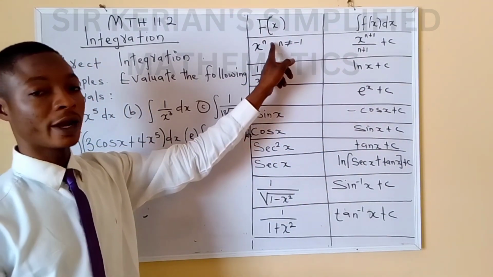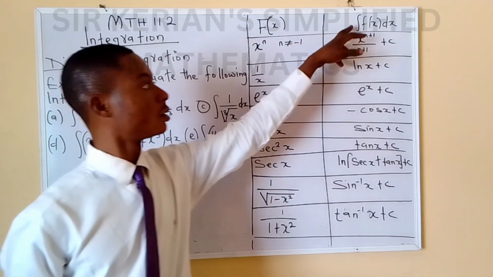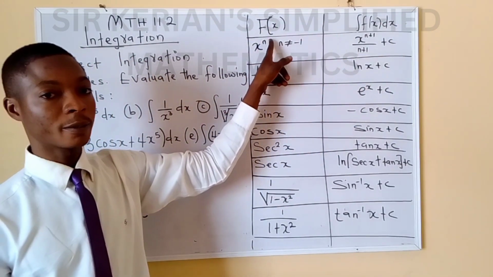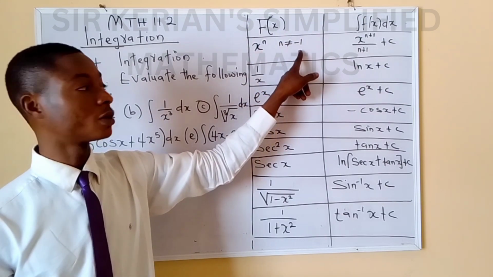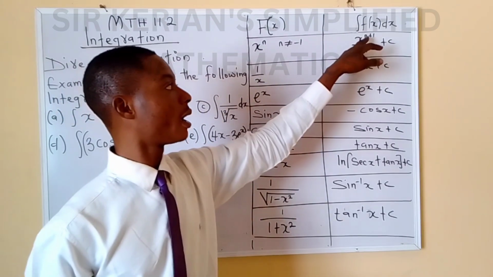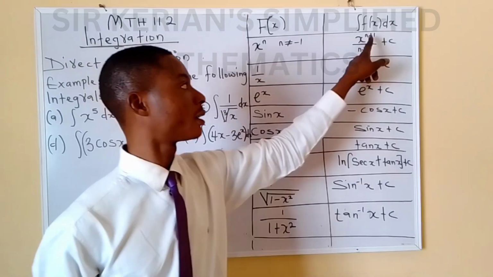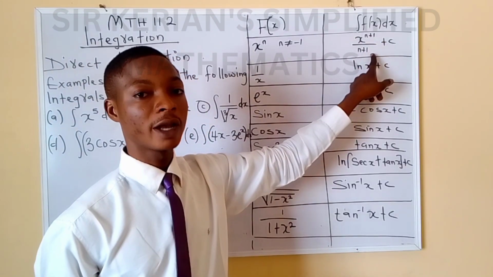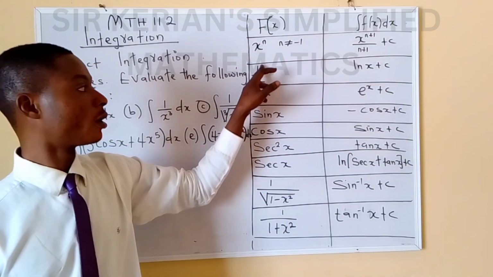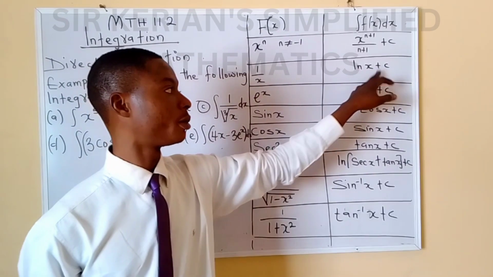If you have x^n, where f(x) means function, the derivative of the function with respect to x. If you have x^n, provided n is not minus 1, to integrate it, it will be x to the power n plus 1 divided by n plus 1, plus c. If you integrate 1 over x, you have ln x plus c.